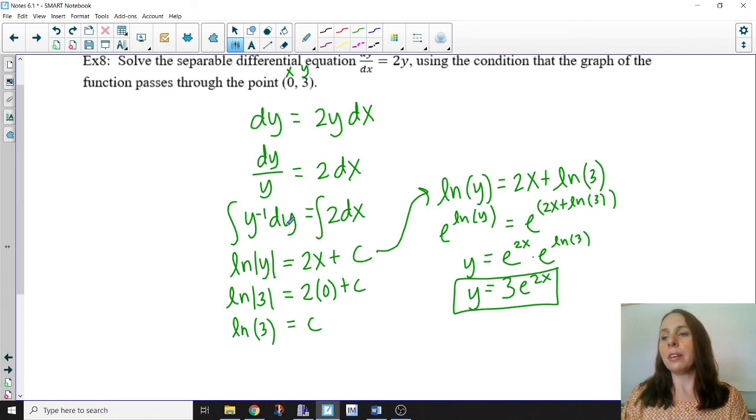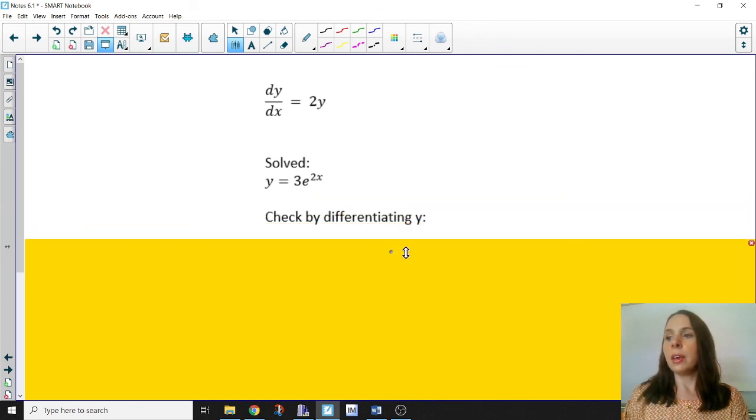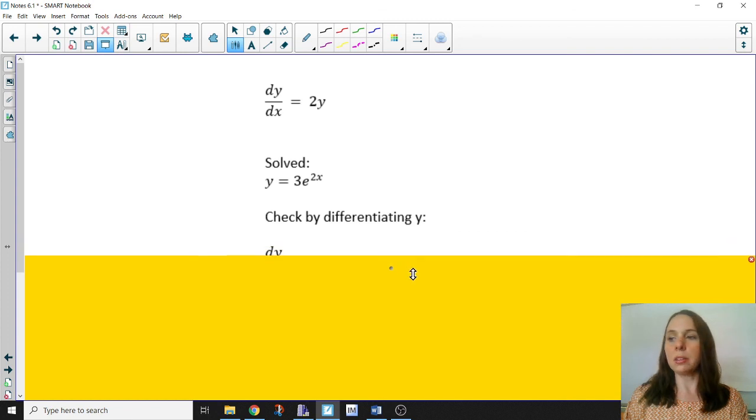And finally, anytime you have your particular solution and you want to check it to see if it works, what you could do is you could always just take the derivative of it and see if you end up with where you started. Like this. We had the derivative is equal to 2y. When we solved, we found that y is equal to 3e to the 2x. We can check by differentiating y equals 3e to the 2x.